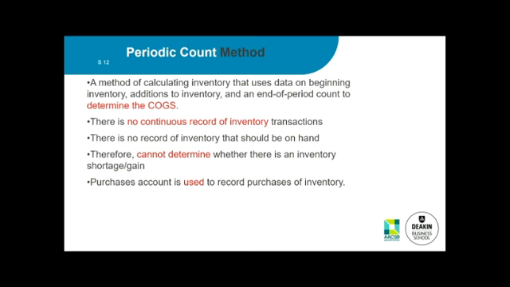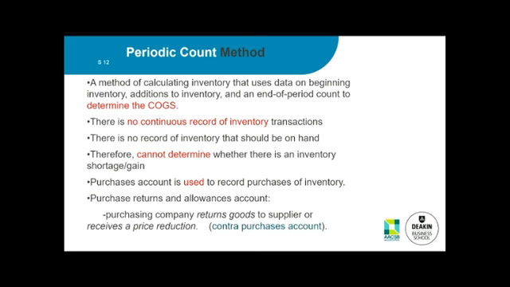So purchase account is used to record purchases of inventory, and that would be our expense account. If there is a return of inventory, we don't reverse it. We don't credit the purchases account, right? You might think that if we purchase something and we debit our purchases being an expense, and then if we return it, we just credit our purchases.